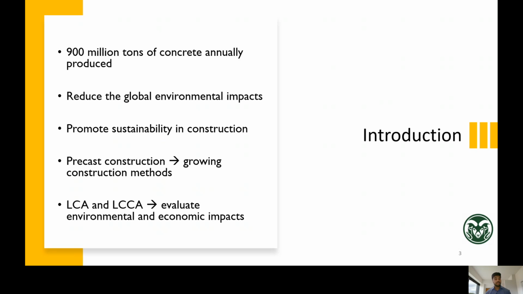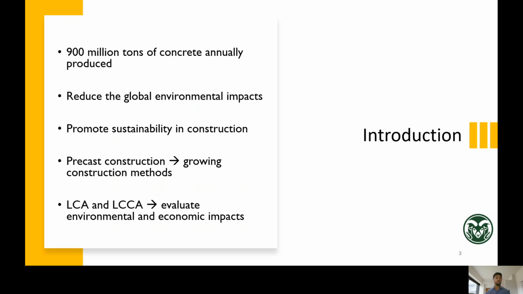So, starting with the introduction, the construction industry has a sizable environmental impact due to the use of materials, resources, and energy throughout the lifetime of a project, and a variety of broad spectrum off-site, on-site, and operational activities. As a matter of fact, 900 million tons of concrete is annually produced just in the United States.